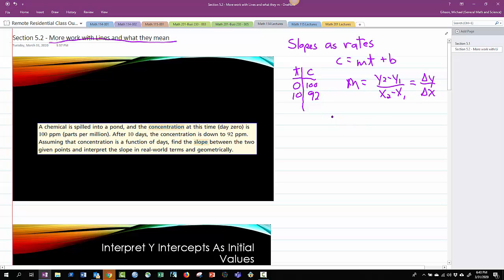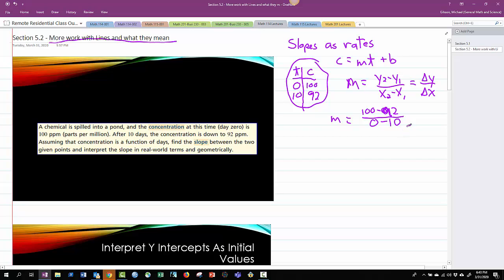In this case, we've got these points that I took from the words and converted into the points in this table. So m is going to be y2 minus y1, 100 minus 92, over 0 minus 10.